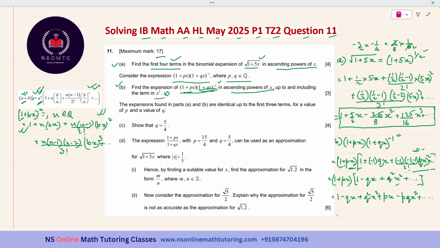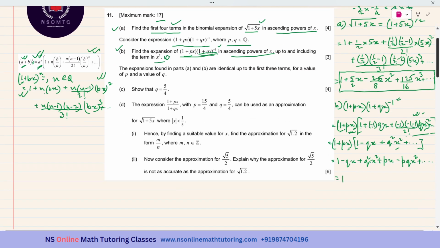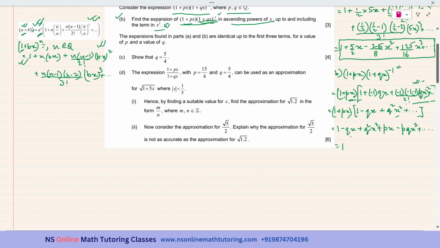Okay, so this is equal to 1, and then I am grouping the like terms. It is minus qx and plus px. So I can write this as plus p minus q x, and then again for q square, let me take plus. So q square minus pq x square plus dot dot dot. Okay.